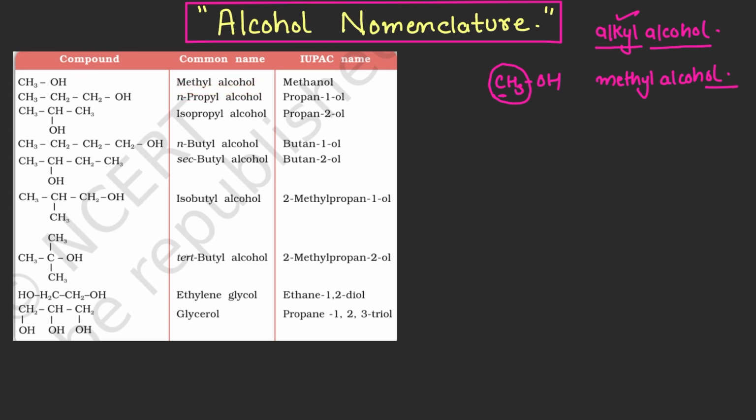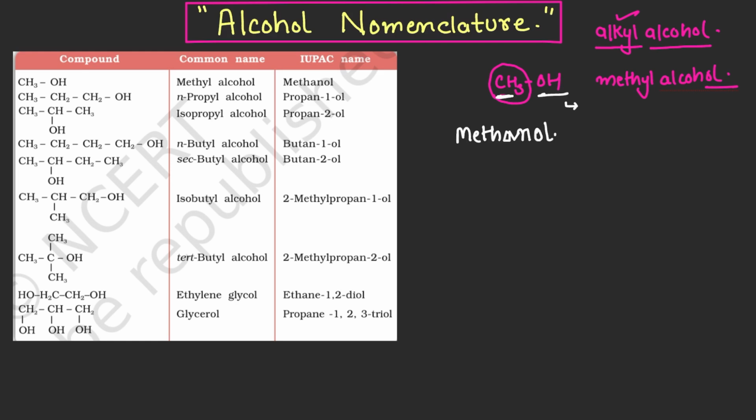Now let's move on to the IUPAC nomenclature of this compound. One carbon is there, so we will write meth. Single bond is there, so we will write ane, and then the final suffix is ol. Meth for the only one carbon, and ane because all the bonds between the carbon are single. So we write methane, and since the suffix OH is there, the suffix will be ol.